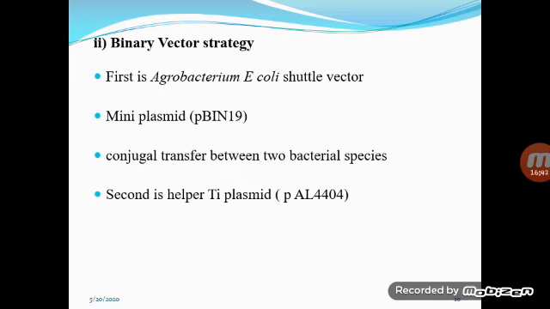Here two different vectors are present in the Agrobacterium. First is the Agrobacterium-E. coli shuttle vector containing disarmed T-DNA with 25 base pair repeats flanking the gene insert to be introduced, and a selective marker.